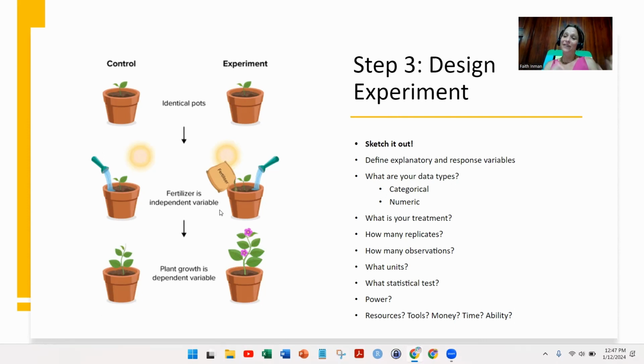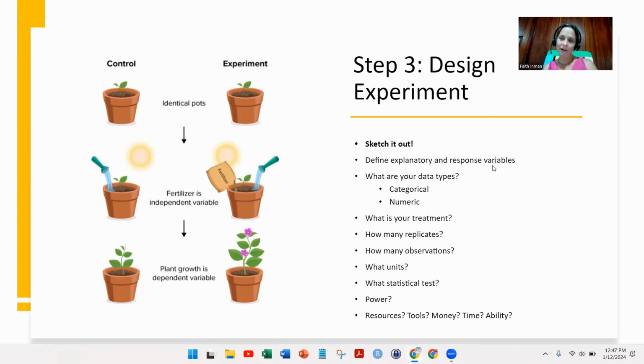This is the fertilizer, the thing that's making something happen, the thing that's having an effect on the other thing, right? And then in this slide, you see it says plant growth is the dependent variable. Again, another synonym, dependent variable. Up here, I wrote response variable. Same thing, means the same thing. Two different terms, just synonyms.